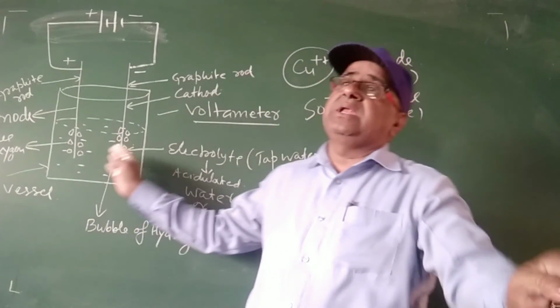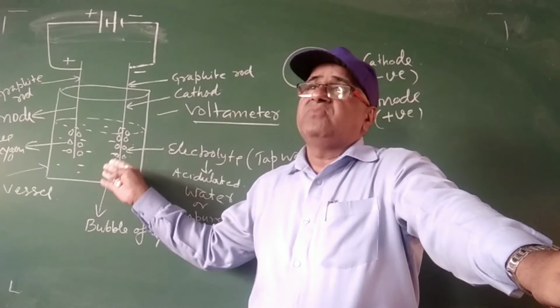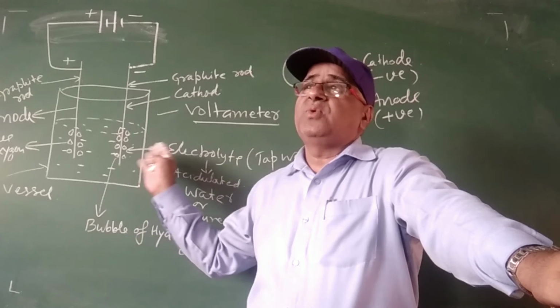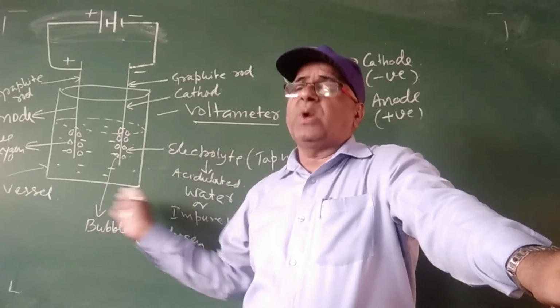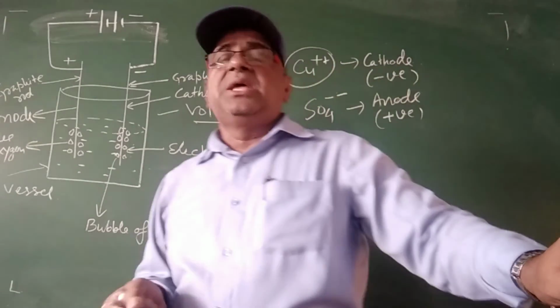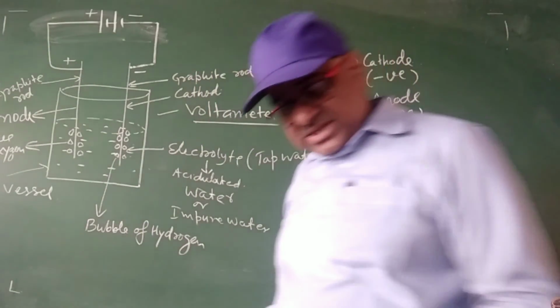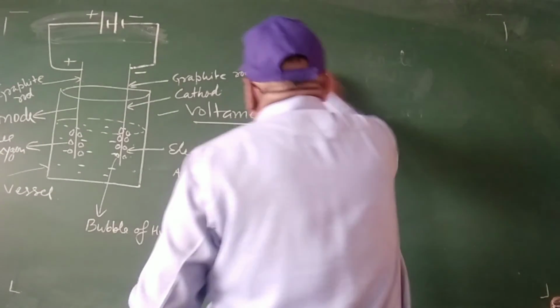If you are taking copper sulfate solution, then it will be blue. If you are taking ferrous sulfate solution, it will be green, and likewise the color will change. That depends on this. It has wider application.